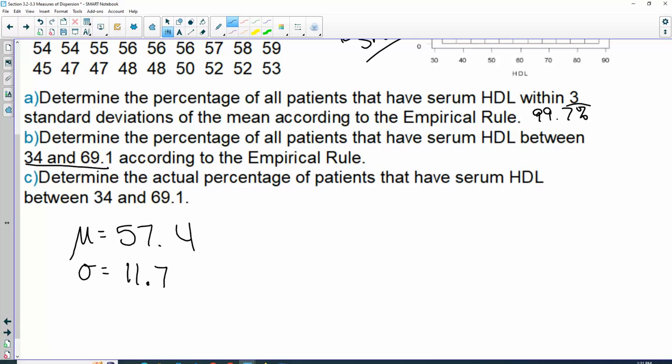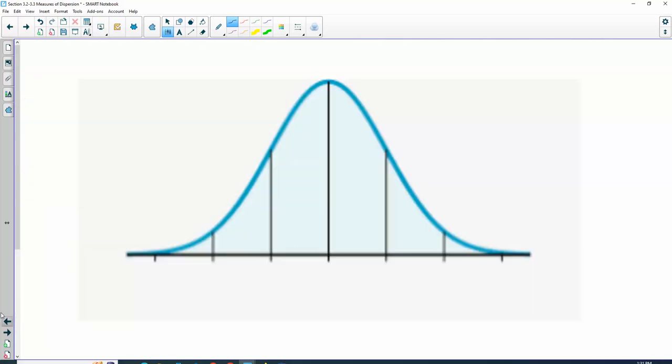So if we think about this, the mean is the middle, 57.4. Standard deviation was 11.7. So to get the one standard deviation, you do your mean plus your standard deviation and your mean minus your standard deviation.